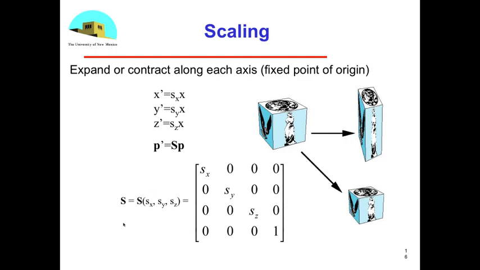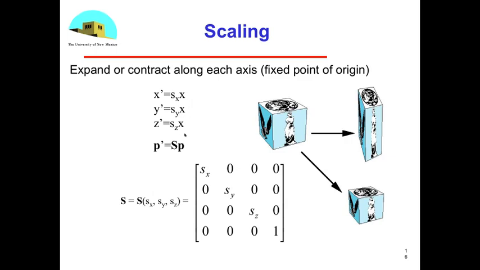So what about scaling? Well, scaling with a positive scaling constant makes things longer in that direction. If the constant is between 0 and 1, it makes it shorter in that direction. So we can talk about having separate x, y, and z scaling. Oh boy, there's another little mistake.